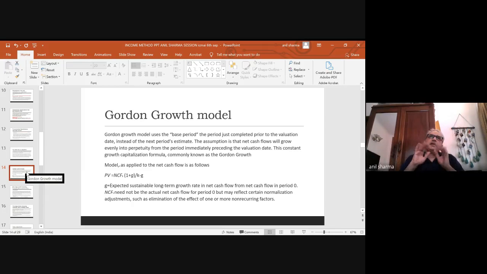The net cash flow comes on top, which is your net cash flow after all the investments have been considered, right? That's your base year's cash flow. Net cash flow means after all the costs and expenses have been incurred; that is what is considered here.